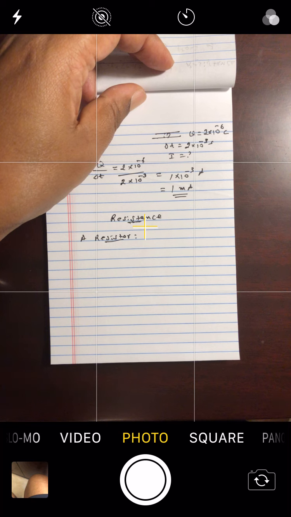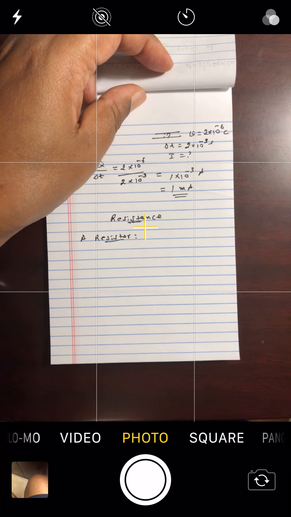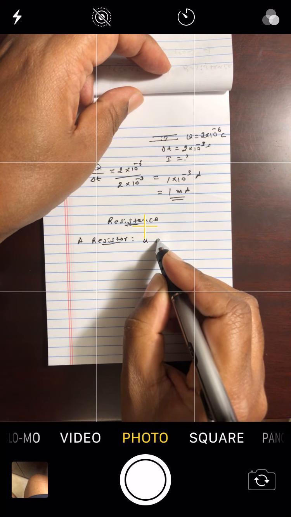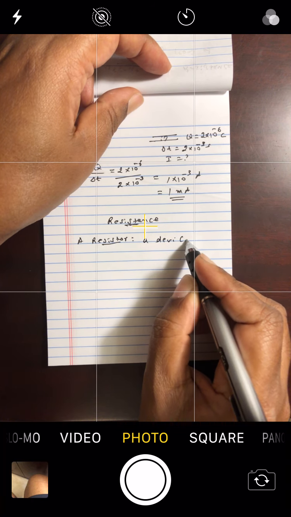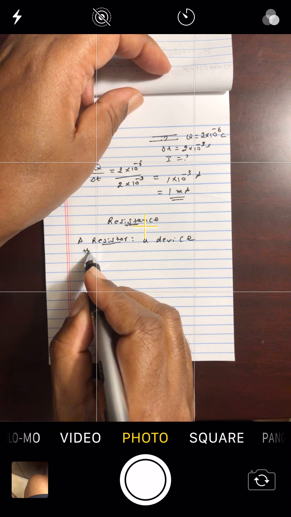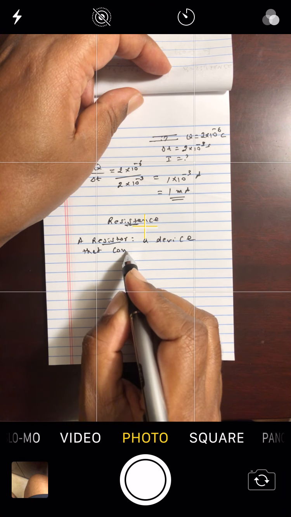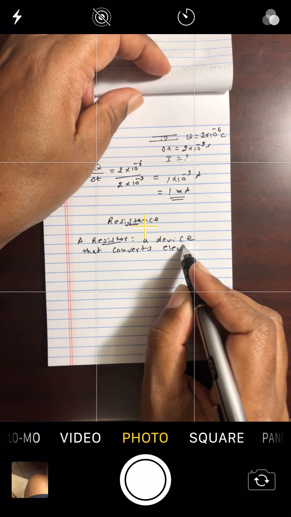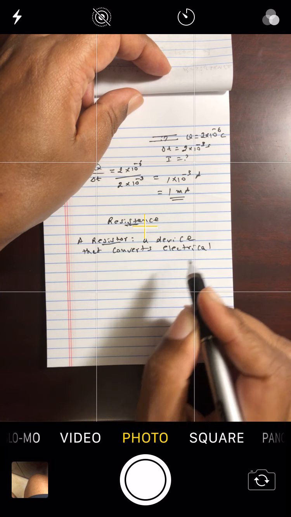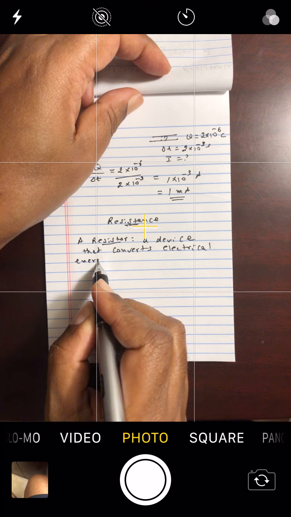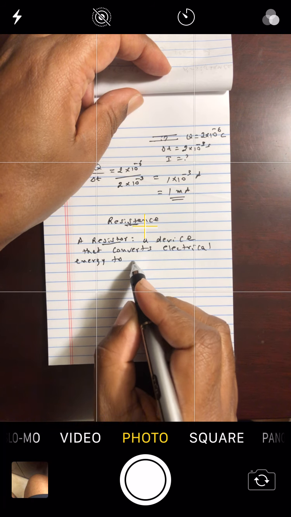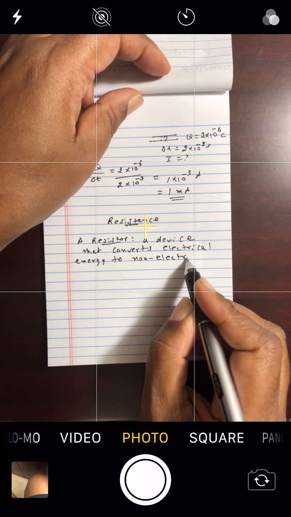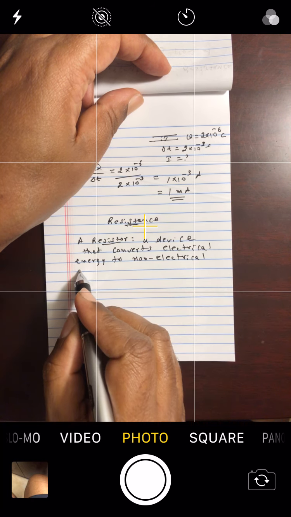It could be a speaker, which converts electrical energy to sound energy, and so on.